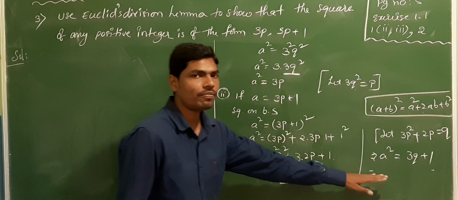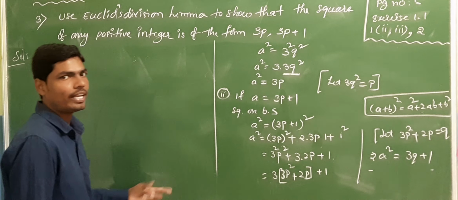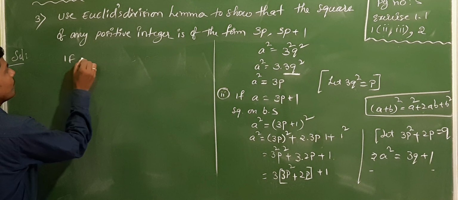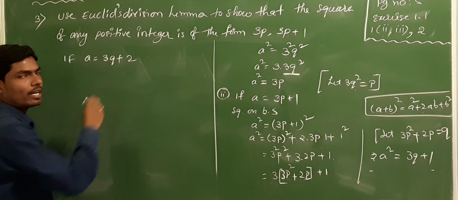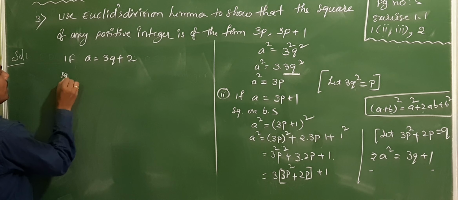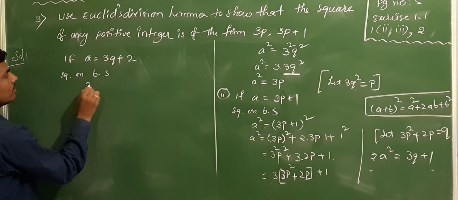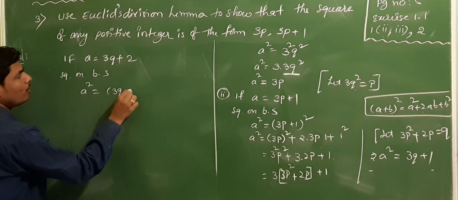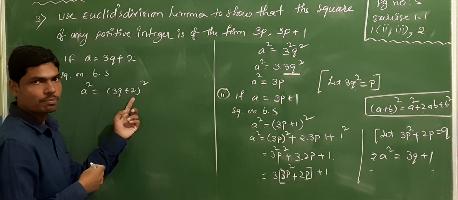Now, after finishing with remainder 1, the next possibility is 2. If a is equal to 3q plus 2, 2 is the remainder. Now apply the same procedure. Square on both sides. That is a square equals (3q plus 2) whole square. Again, it is in the form of (a plus b) whole square.